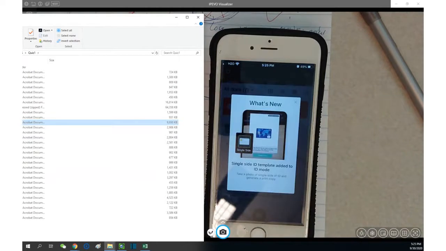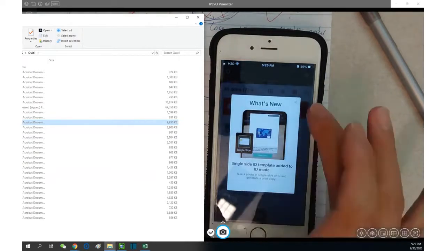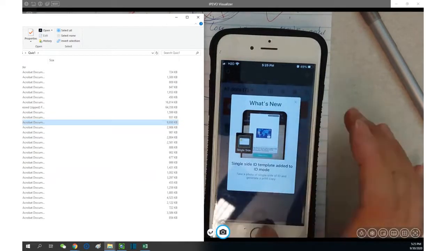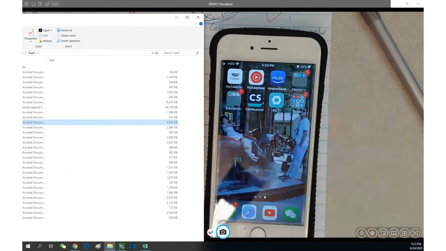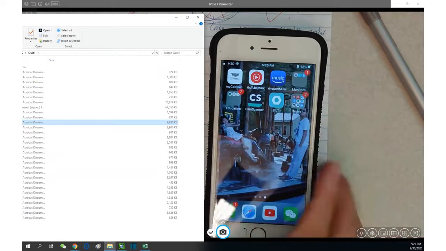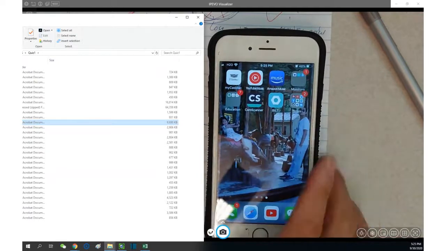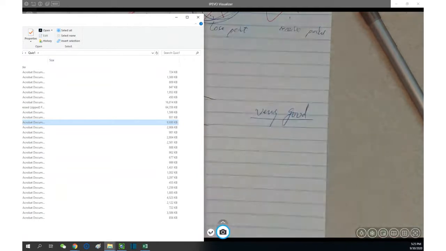I'm using this one. What's new? Nothing new. This guy, CamScanner, right? So how many of you are using the same thing?